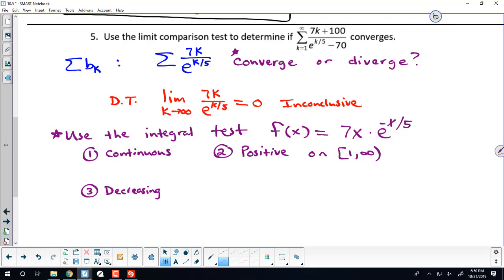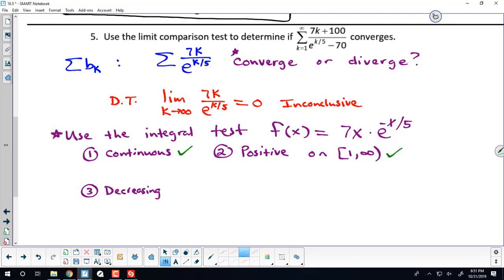Well, e to the negative x over 5 is never negative, right? It's always positive, and 7 times a number in between 1 and infinity is always positive. So usually those two conditions are pretty straightforward. It is continuous, it is positive.